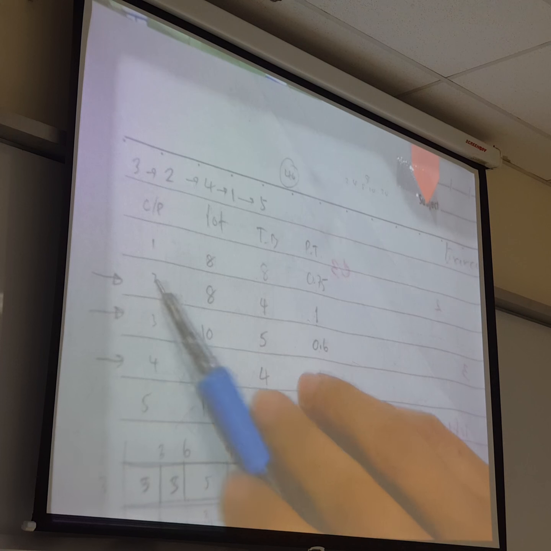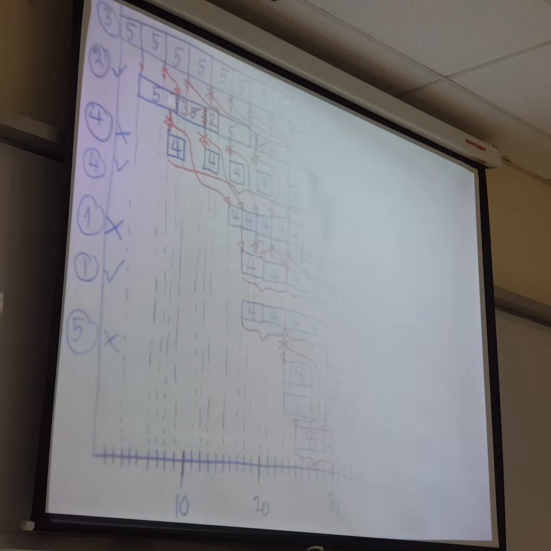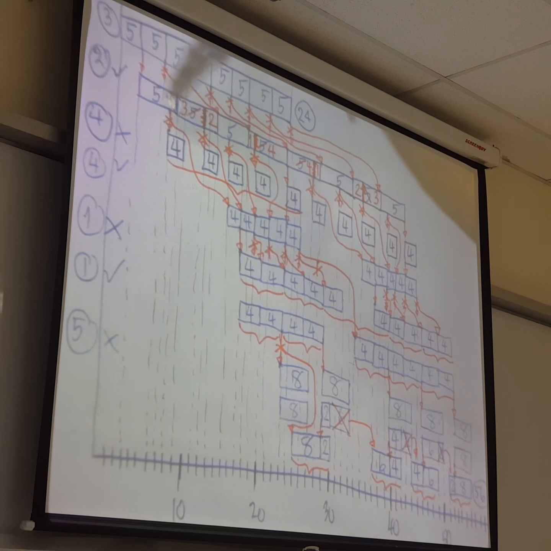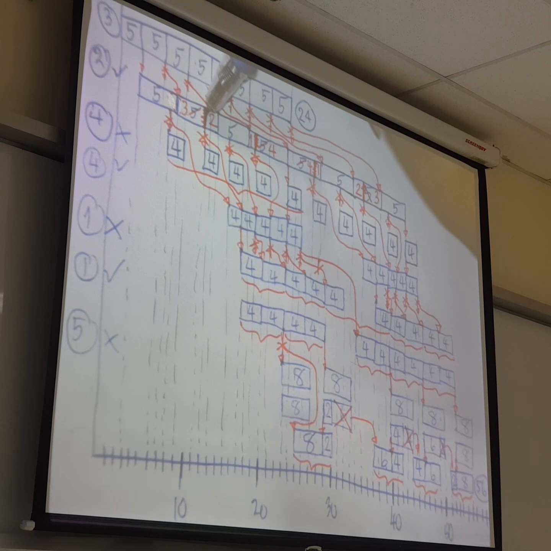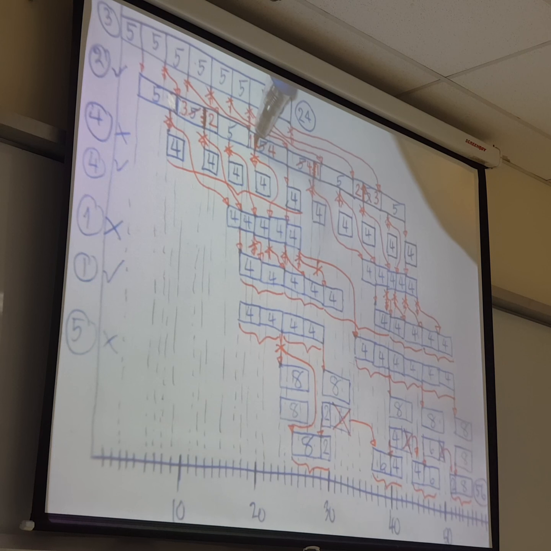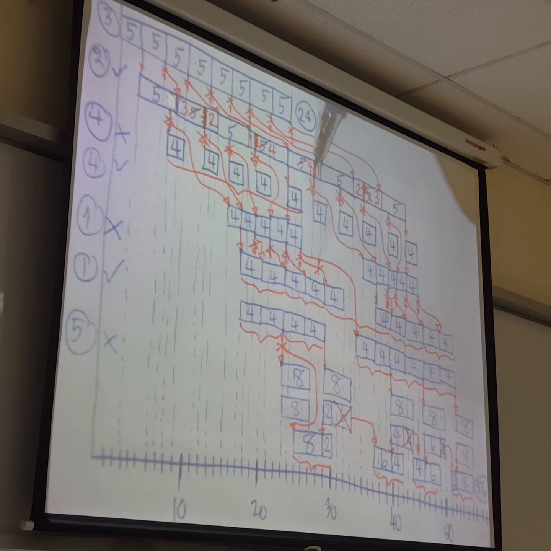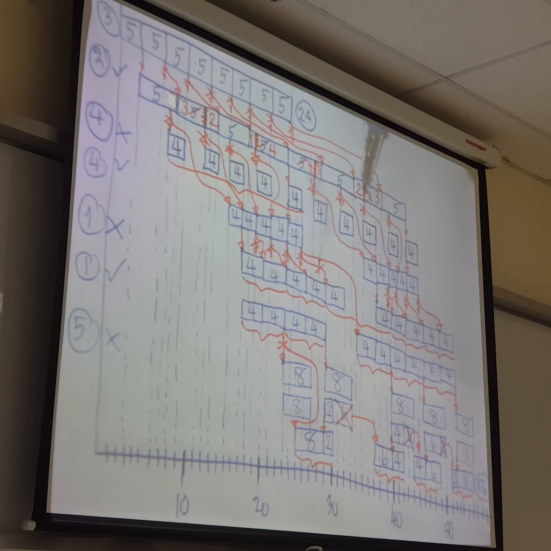Each process batch is 8 units. So, go back to this one: 5, 6, 7, 8. That's the first process batch. 2, 5, 1. That's the second process batch. 4 and 4. That's the third one. Right? 1, 5, 2. That's the fourth one.